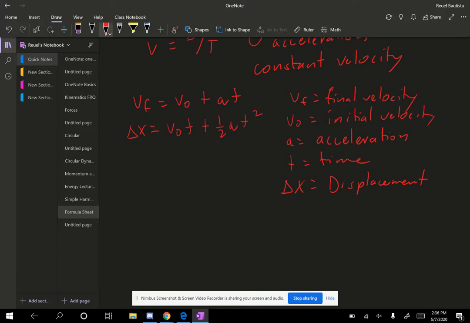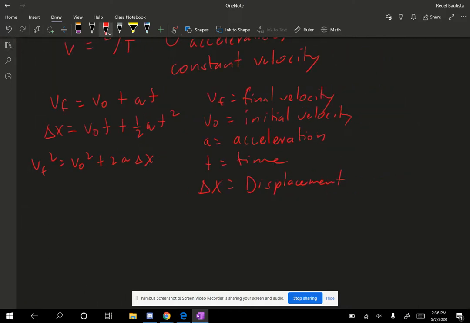We're also going to have Vf squared equal to Vo squared plus 2a change of x. So these are going to be our kinematics equations when acceleration exists. Pretty simple stuff.